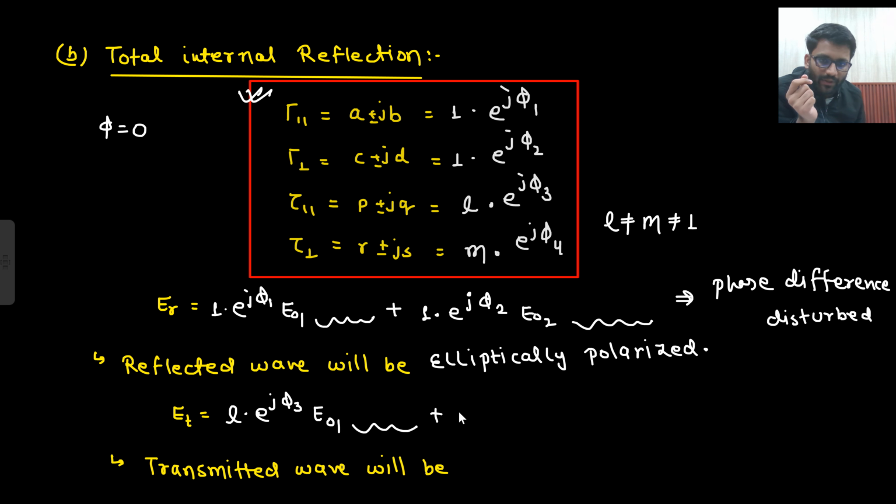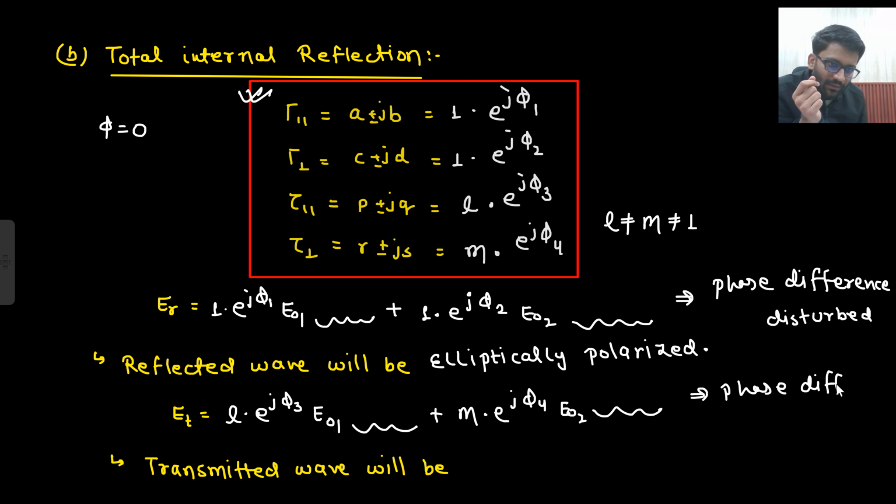And what about the perpendicular case? So m into e to the power j pi by 4 E naught 2. So again the phase difference is disturbed, and along with that magnitude is also disturbed.